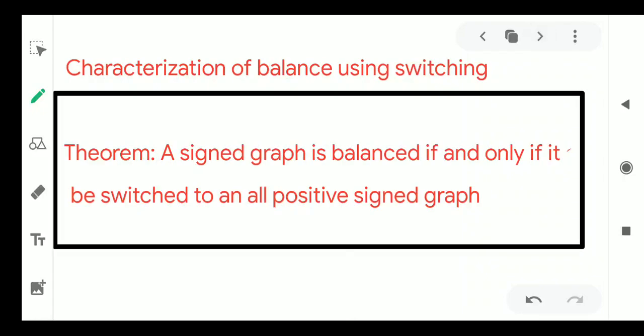Now, there is an important application of switching which characterizes balance. Balance means all the cycles will have net product 1. If you have a cycle, let me take this one.